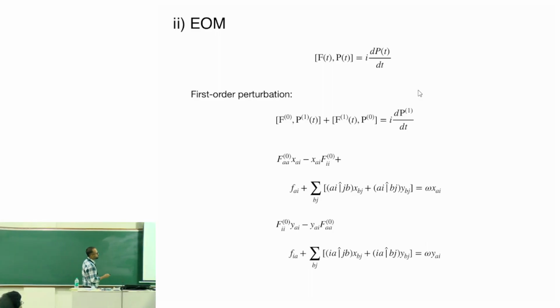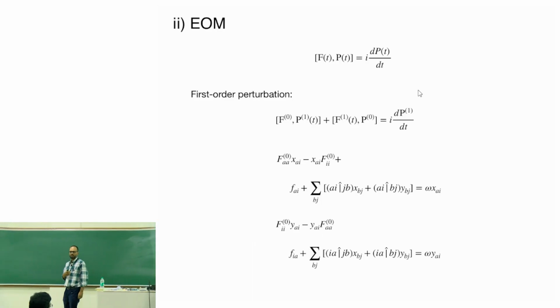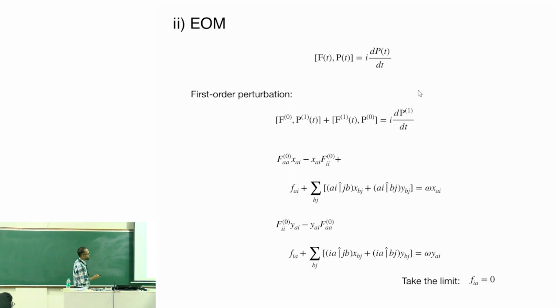But what you see here is that these are a coupled set of linear equations. Everything is linear, right? The X's and Y's appear linearly in these equations. Is that clear? And they're a coupled set of equations, so I have to solve this coupled set of linear equations. That is the unknown part over there, right?